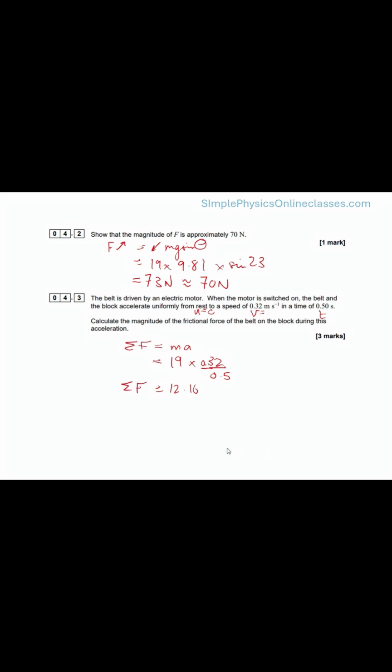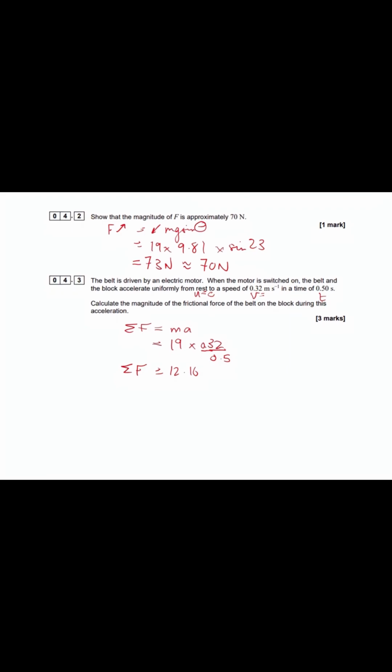Okay, so what's the force from the belt? Now, the belt has to, first of all, overcome the mg sine theta. So therefore, F minus mg sine theta is equal to ma, so 12.16.